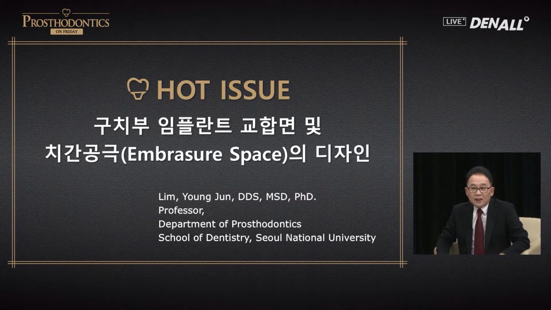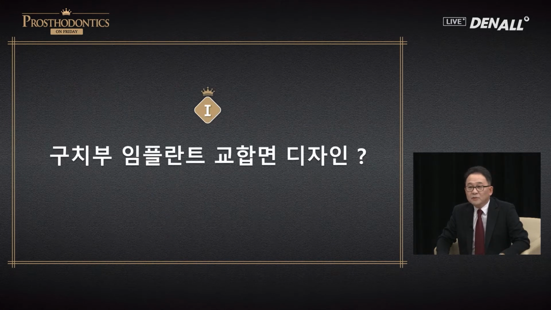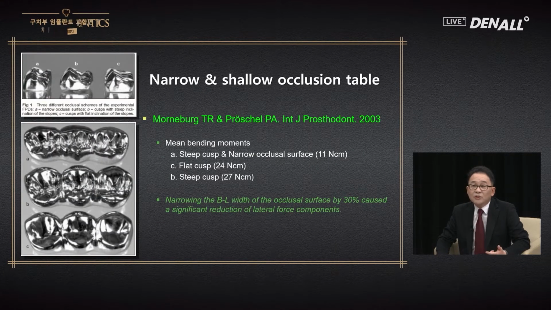Let me get started with the story of the posterior implant occlusal plane and Embrasure space design. This is the contents. Occlusal plane for posterior implant, designing of the plane. These two need to be considered. First, occlusal table itself should be narrow.